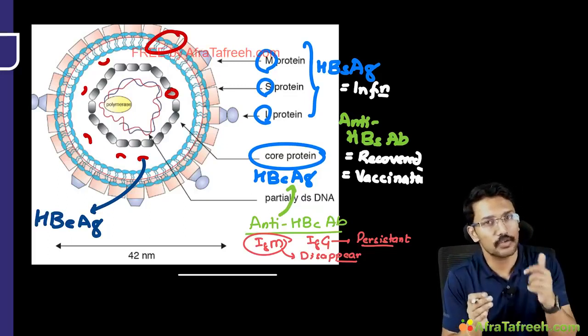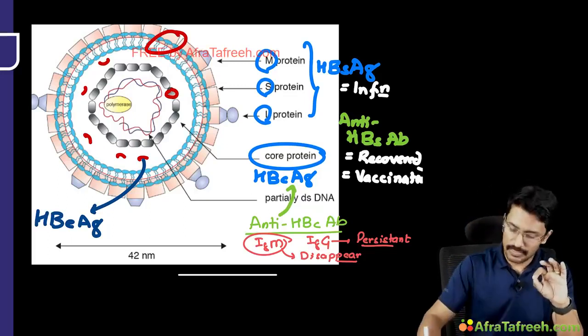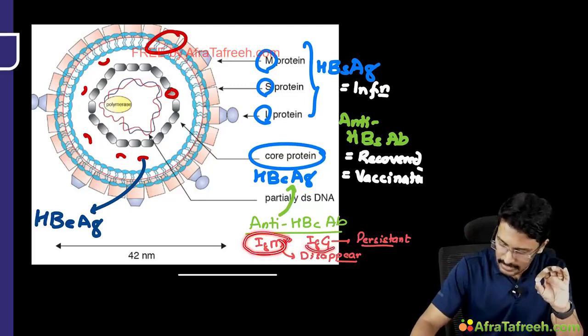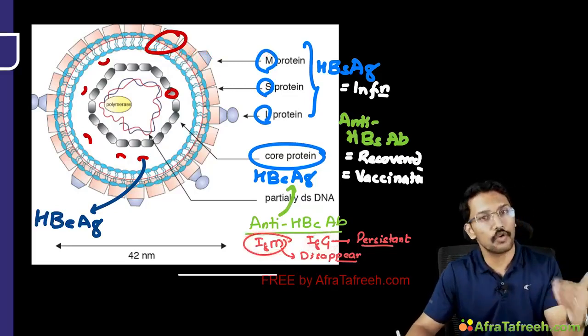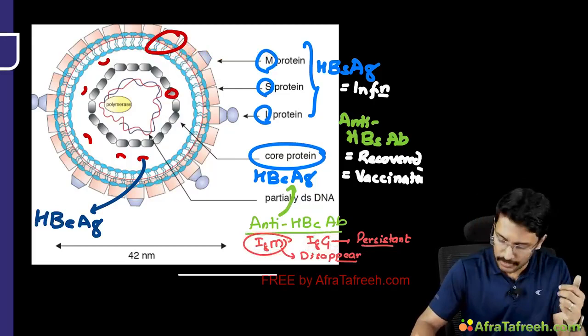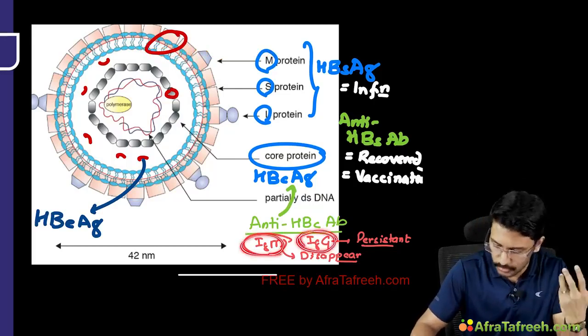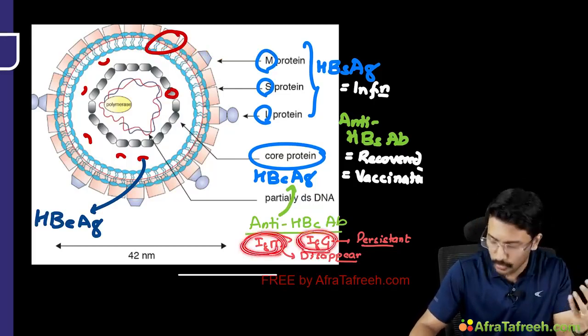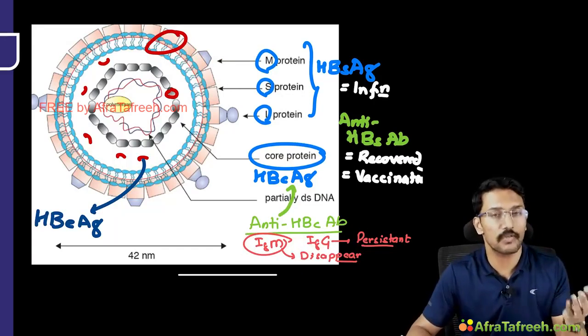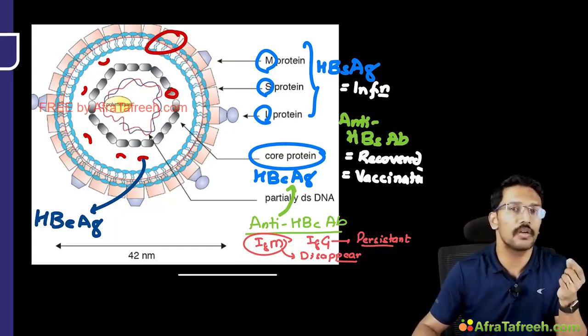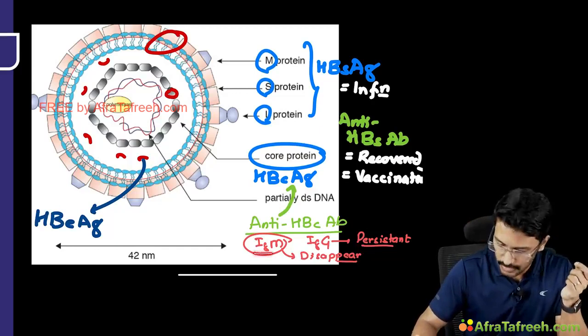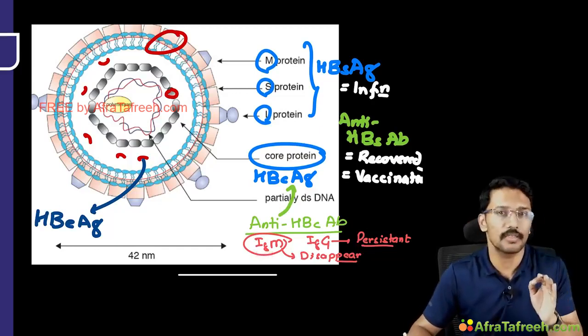More important is presence or absence of IgM. So if the IgM is negative and IgG is positive, that means it's more of chronic hepatitis. But if you have IgM positive as well as IgG positive, or only IgM positive and IgG is not positive, in both those cases, we will start thinking of acute hepatitis B. So IgM is a marker of acute hepatitis B, right?